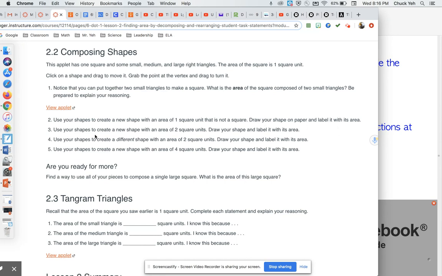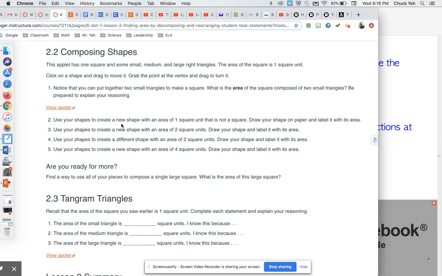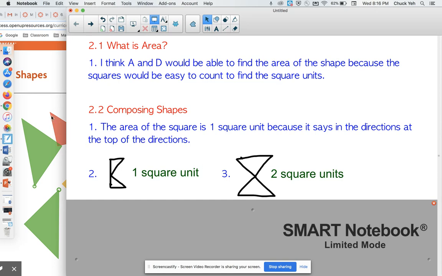Number 3, use your shapes to create a new shape with an area of 2 square units. Draw your shape and label it with this area. So what I drew was this, and it's 2 square units. So let me see if I remember how I did this. So if this was 1 square unit, I need to take another one of these. All right, and then let's see what I did.